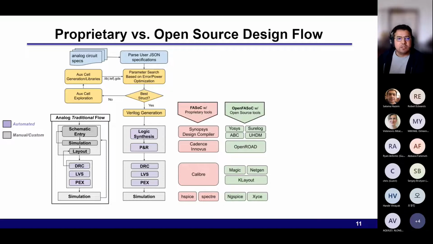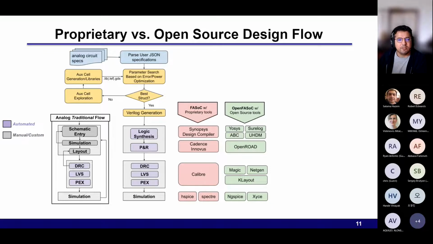But here I would like to focus on the open source versions of our tools. OpenFASoC relies heavily on OpenROAD, in addition to a set of other tools like Yosys for synthesis. We recently started using the Verilog UHDM plugins to Yosys, integrated by Antmicro and Google, to add SystemVerilog support. Magic and Netgen for DRC and LVS.